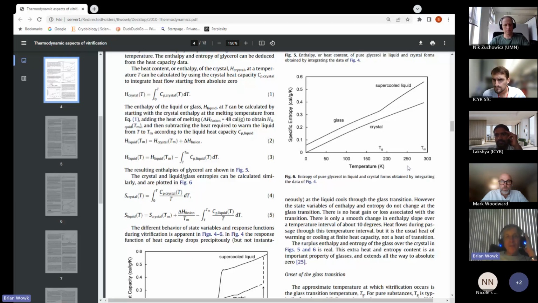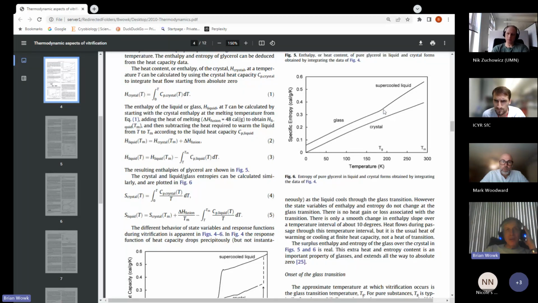And I just brought up this graph to explain what the Kauzmann temperature is, because it's kind of a subtle thing. If we look at this specific entropy graph, and we're looking at the supercooled liquid, if you extrapolate this line with this slope of the entropy of the supercooled liquid until it intersects the crystal, then that would be the Kauzmann temperature.